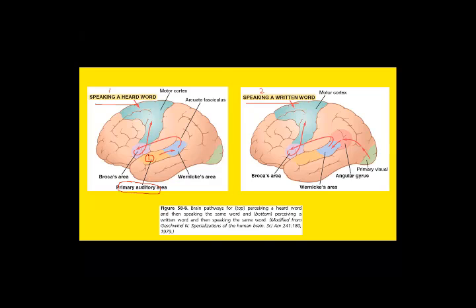The primary auditory cortex will receive the auditory stimulus first, so impulse transmission will start from the primary auditory area.